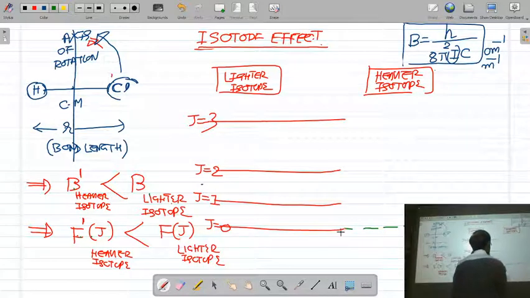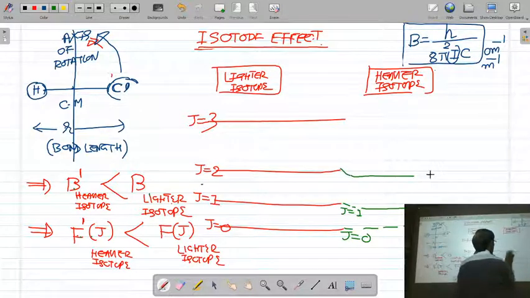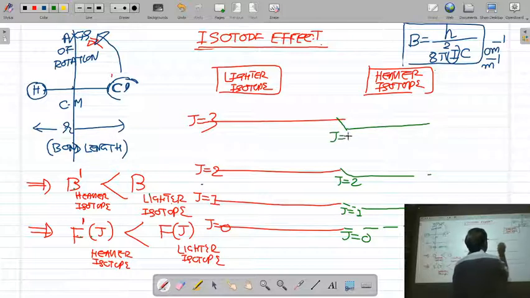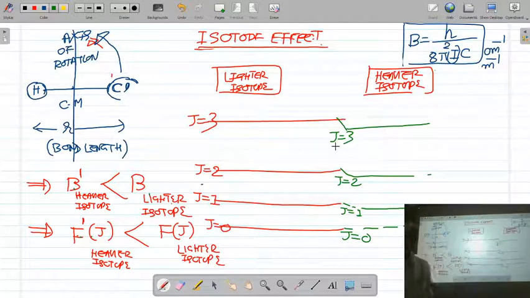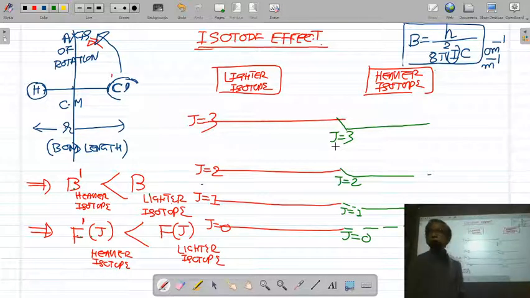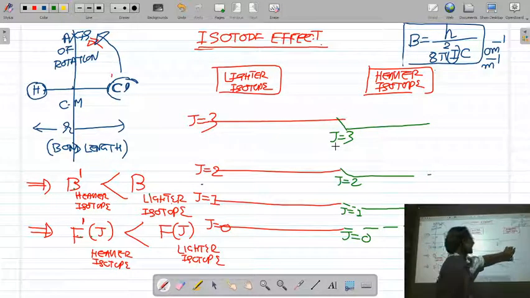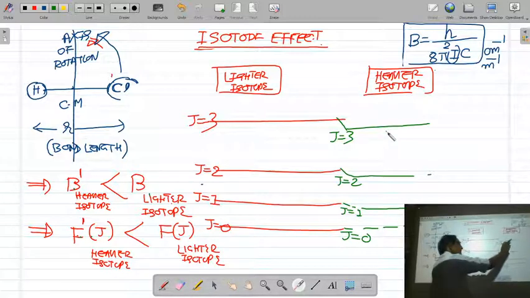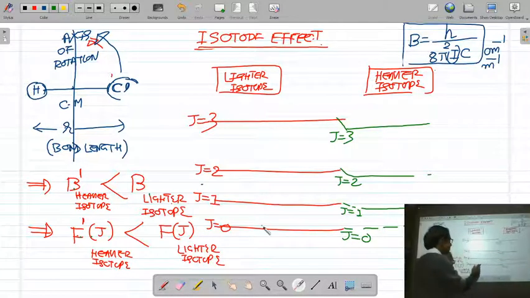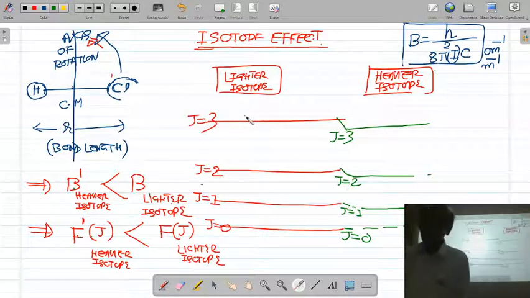This is J is equal to 0, this is J is equal to 1, this is J is equal to 2, this is J is equal to 3. You can see from the diagram that the spacing between rotational levels of the heavier isotope is smaller than the spacing of rotational levels of the lighter isotope. Thank you. This is the end of this chapter.